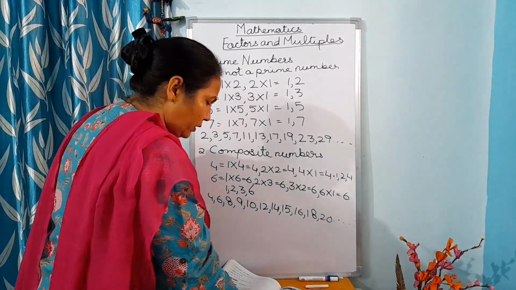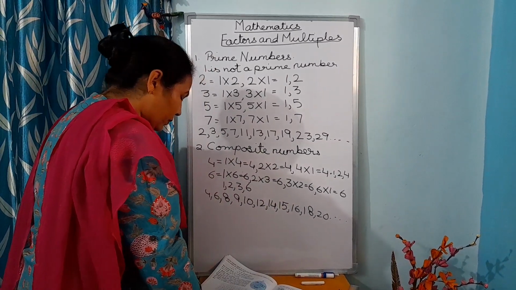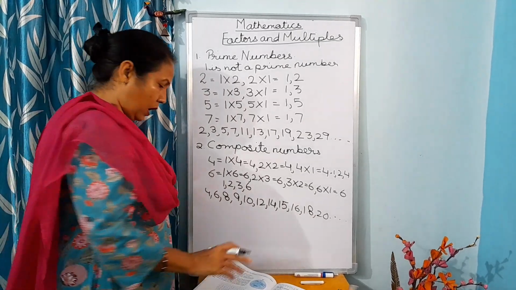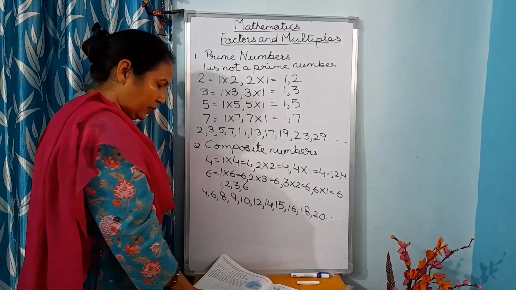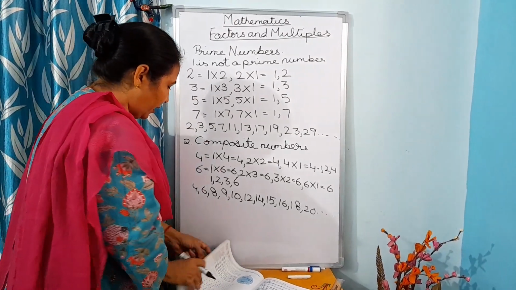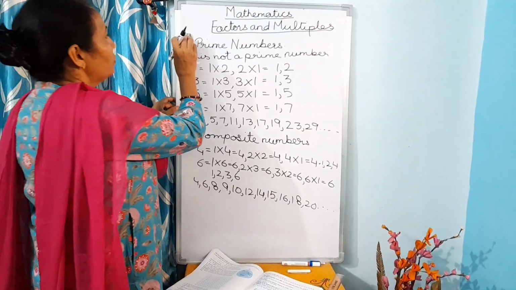Now next children, in this you will see that you have twin prime numbers. Now twin prime numbers have a difference of 2. Like I will write here and show you.